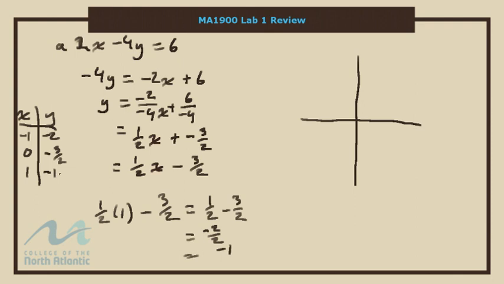So at this point, all I have to do is plot my graph, which is minus 1, 1, minus, I did that wrong then. Just 1 second. Alright, so it's actually minus 1, minus 2.